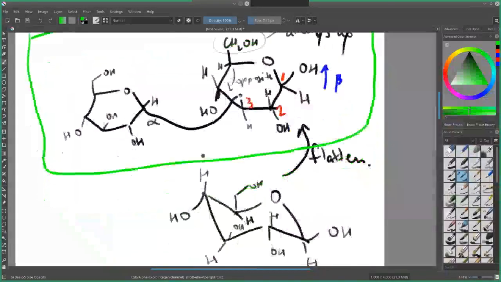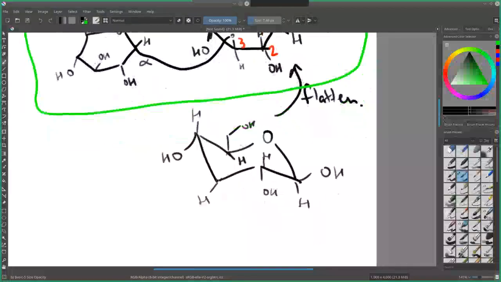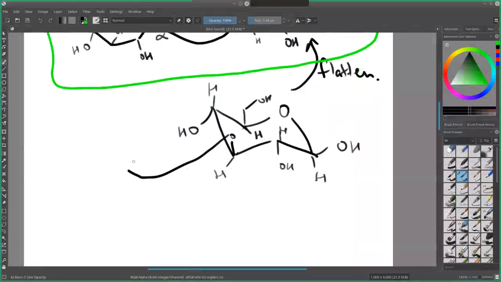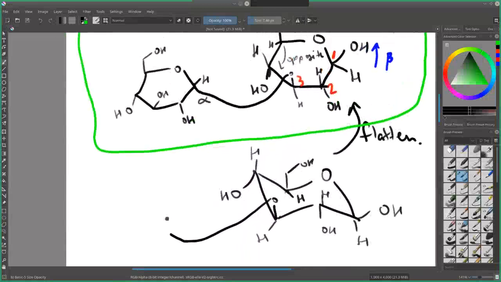Okay. And you could see that if we wanted to draw it with the chair structure, then we would have this. I'm still going to draw this curvy line because it'll be really messy to draw everything on top of each other.